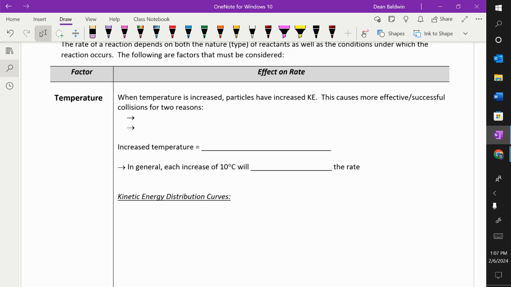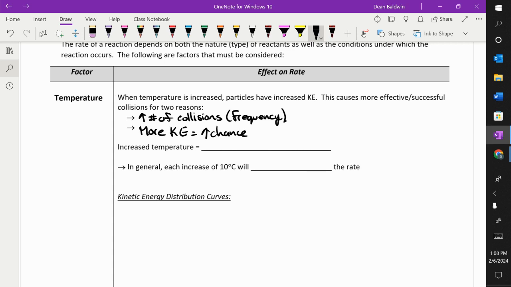So if we have more kinetic energy, we get an increased number of collisions, the frequency, I guess we could say. And we have more kinetic energy, which equals an increase in chance of breaking bonds.